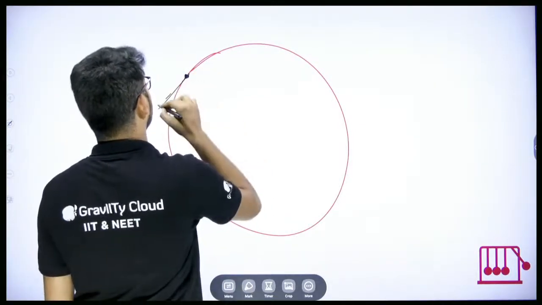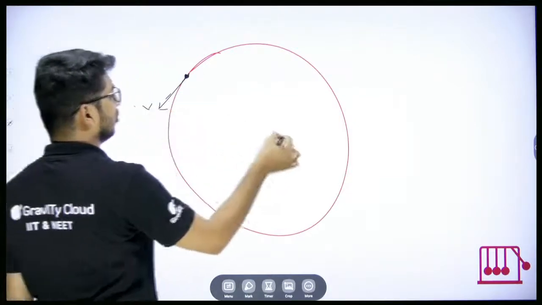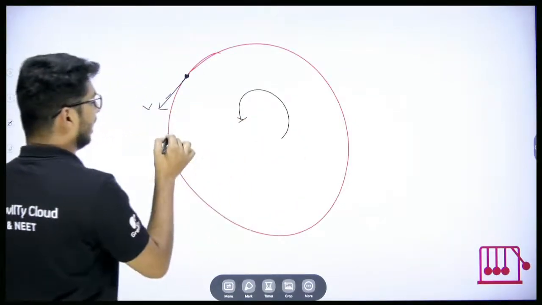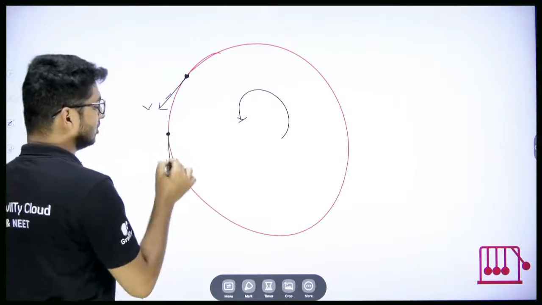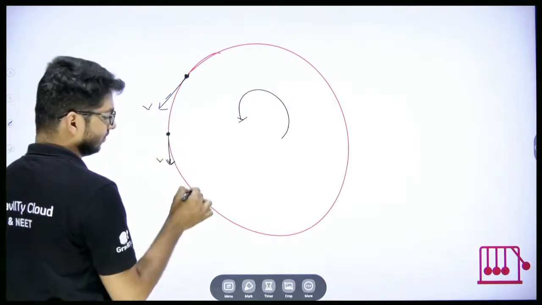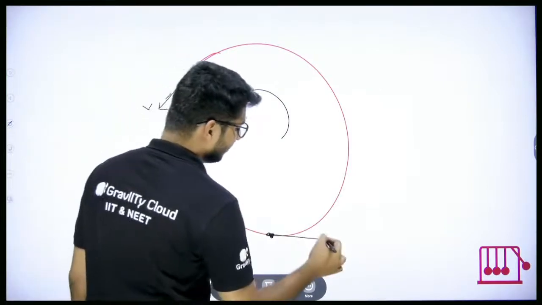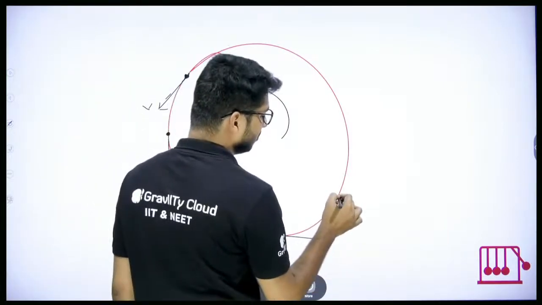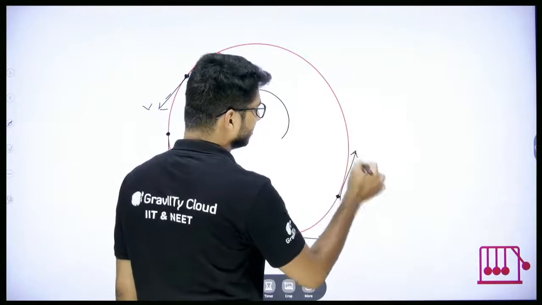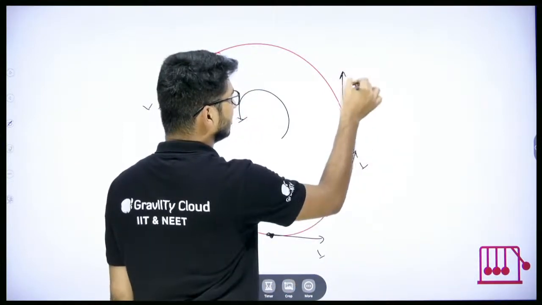Let's draw it this way. Let's say it is anti-clockwise. Then at every point the velocity keeps on changing. If the point changes, the velocity is changing, yes or no? The velocity is along the tangent, so the tangent keeps on changing as the point changes.